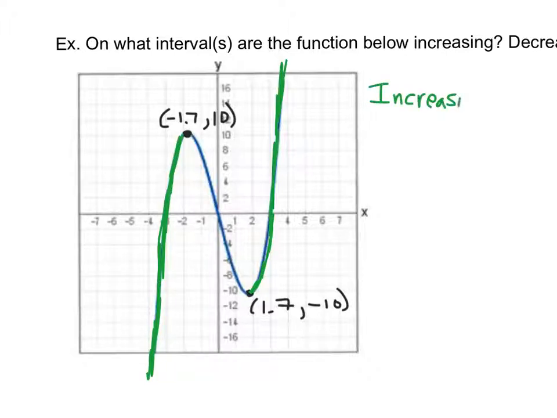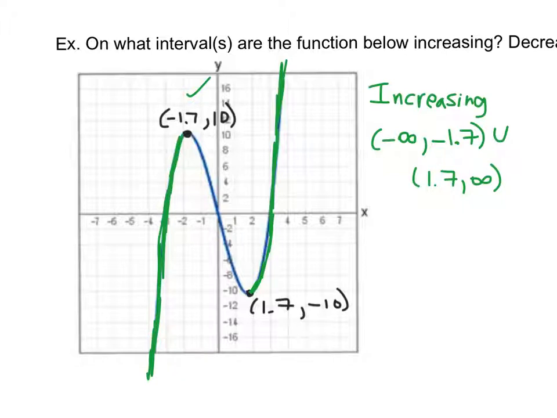The function is going to be increasing, and I'm going to start at negative infinity, because that's the smallest x value, all the way up to negative 1.7, which is where it stops increasing, at this local min here. Union, because we're going to have a break. And the next one's going to start at 1.7 and go to infinity. So negative infinity to negative 1.7, and then 1.7 to infinity.